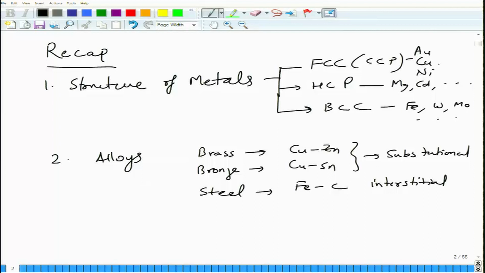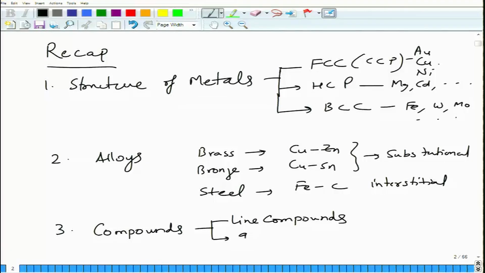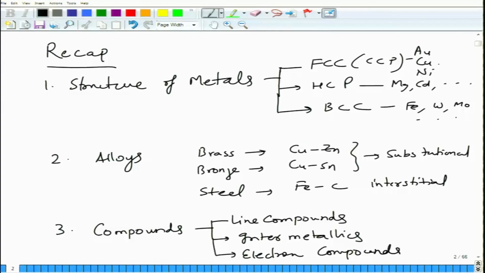And then we also saw some examples of compounds. So you can have line compounds which have fixed composition, intermetallics. Line compounds and intermetallics can often be similar also, and then we also looked at electron compounds. So these were three compounds which form when you mix two metals with each other, and they tend to have fixed composition.